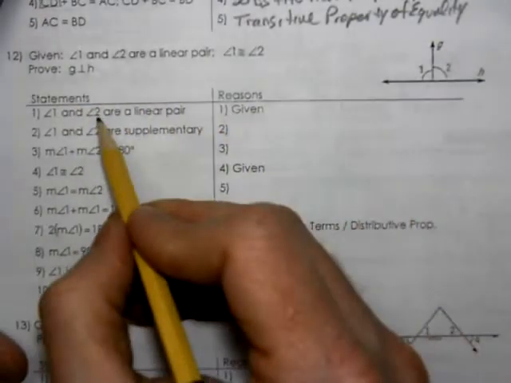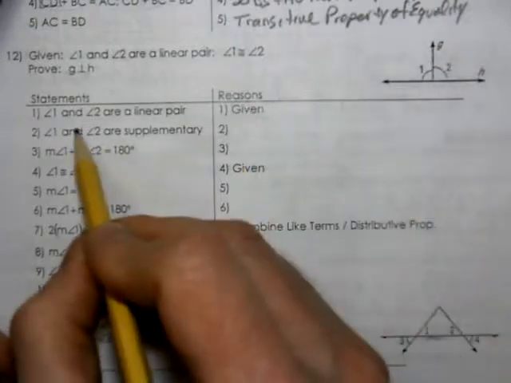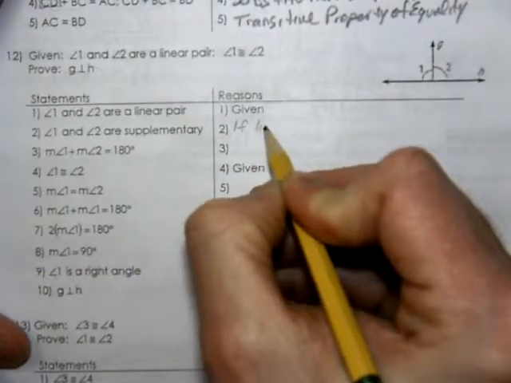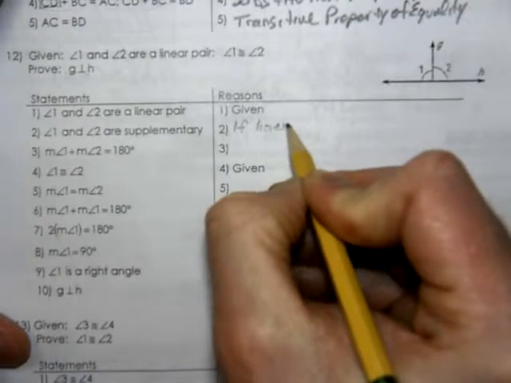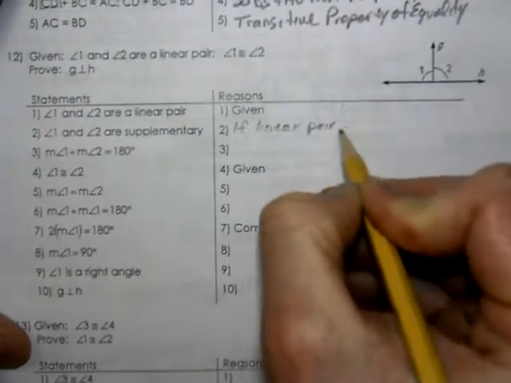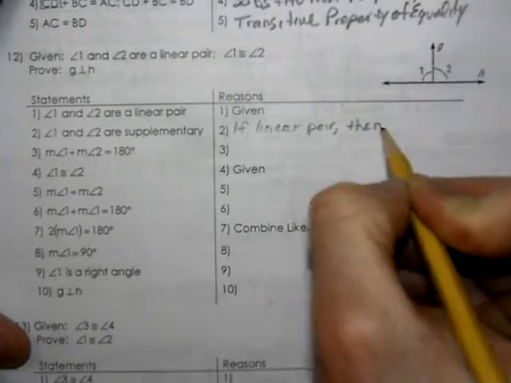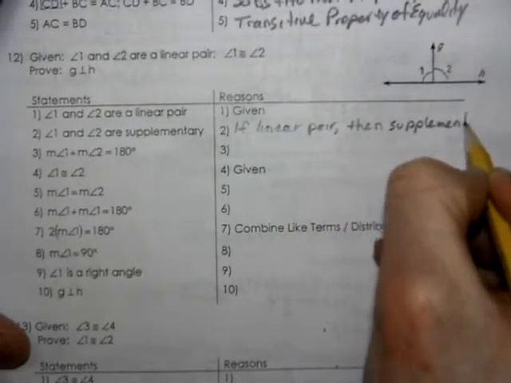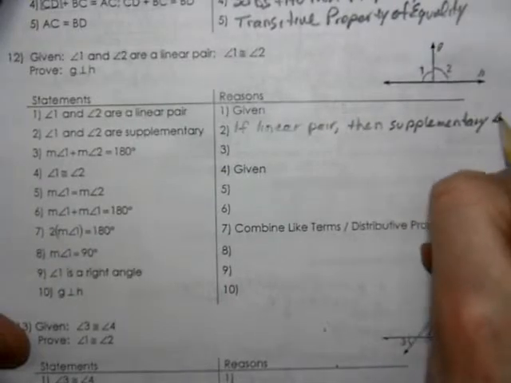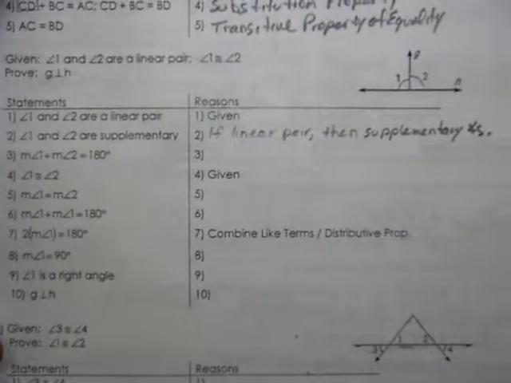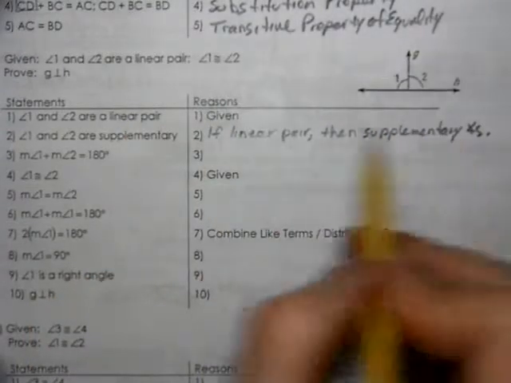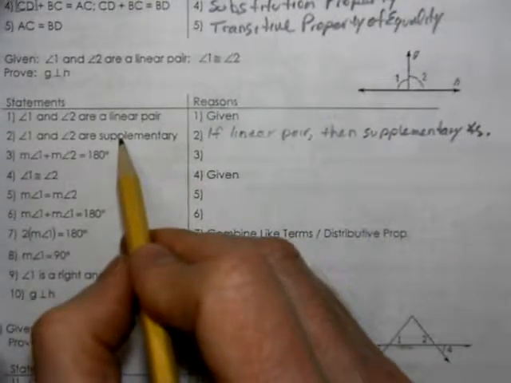So going through our proof, we know our given, supplementary. So if linear pair, then supplementary angles. Remember, the if has to happen earlier. The then is happening right now.